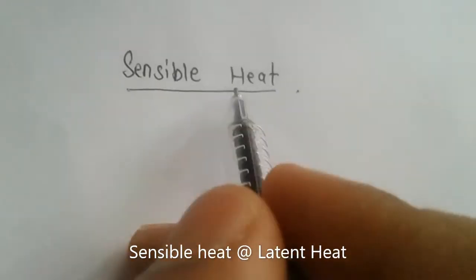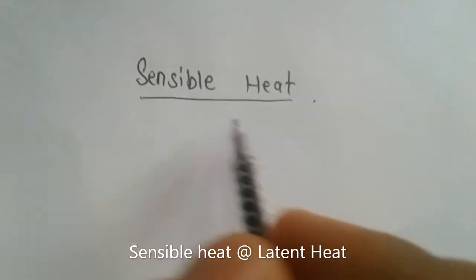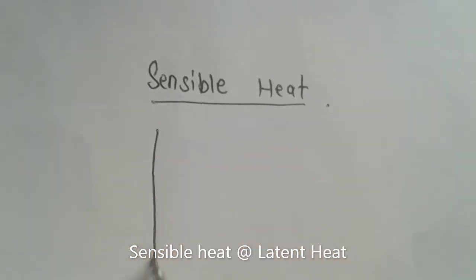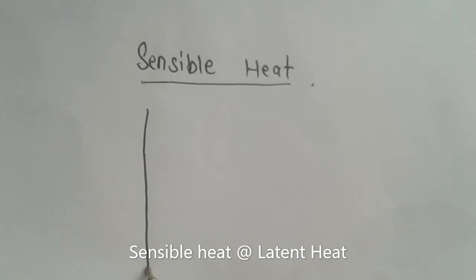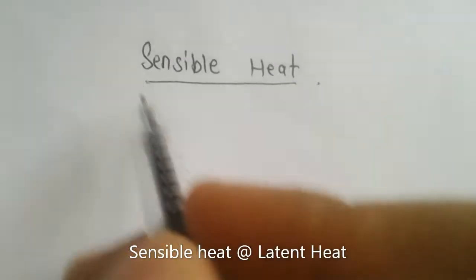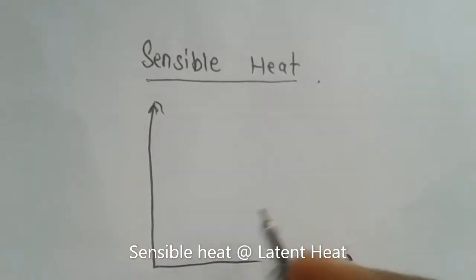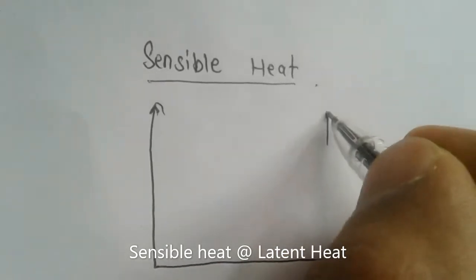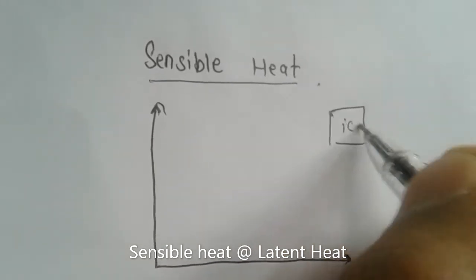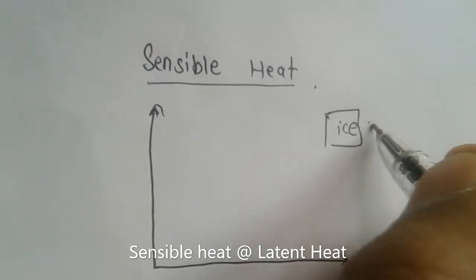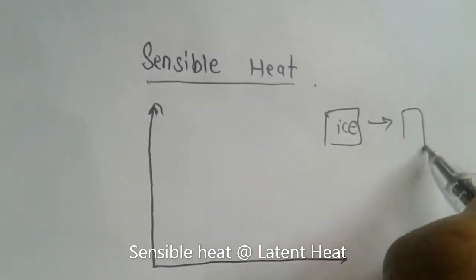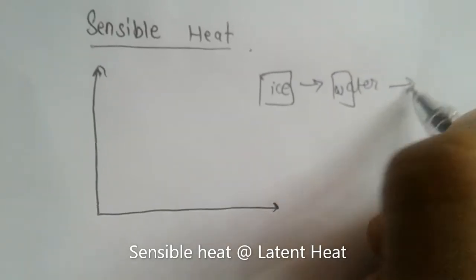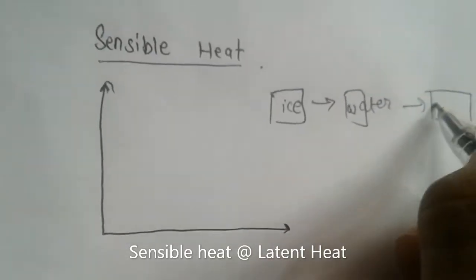So the topic is sensible heat, and we will learn about it from a curve or diagram, showing what happens when we melt ice to water and water to vapor.